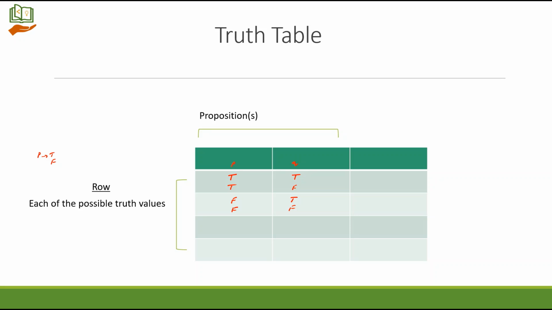That's why we are trying two possibilities for true and two possibilities for false. What about the last column? This will be the new proposition value. Let's take there is a logical operation between P and Q. After the operation, whatever result comes, that result is represented in the last column. So this is the new proposition that comes after the logical operation.